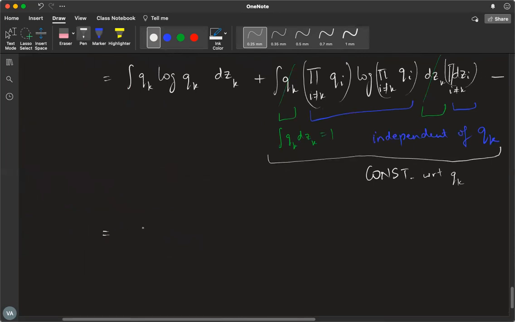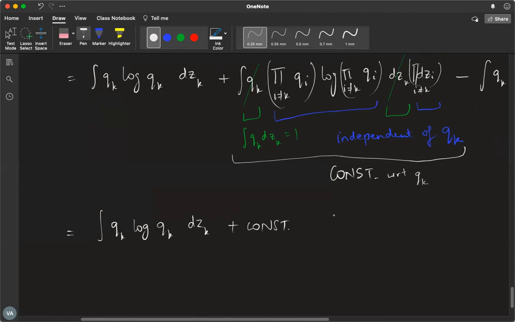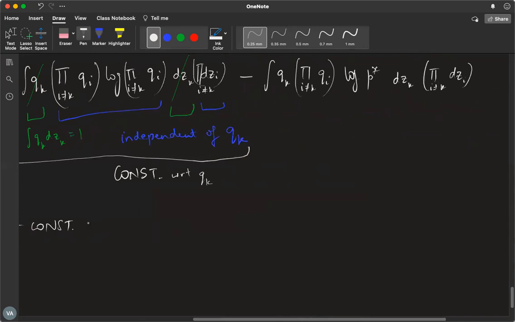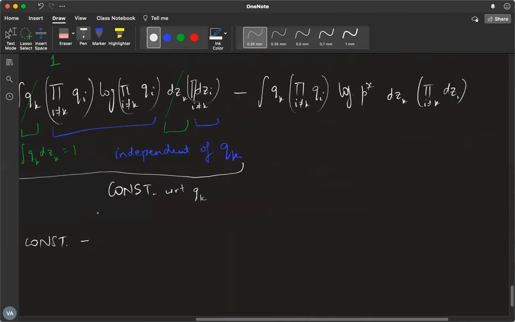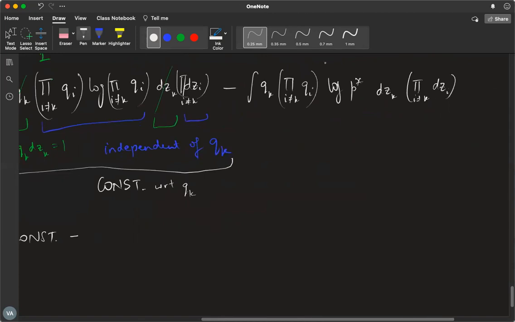This is simply equal to the integration of qk log qk times dzk plus some constant. I will not bother to write that again because it's not playing any role in our optimization.